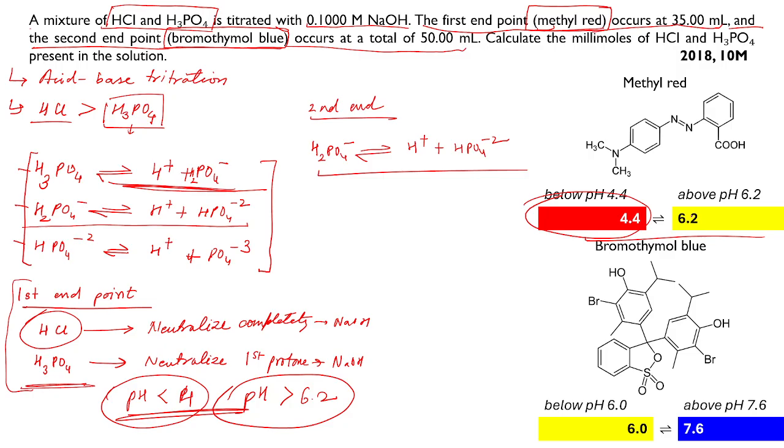But after that there is no use for methyl red. So to find out the second endpoint we need a different type of indicator. So here comes bromothymol blue.